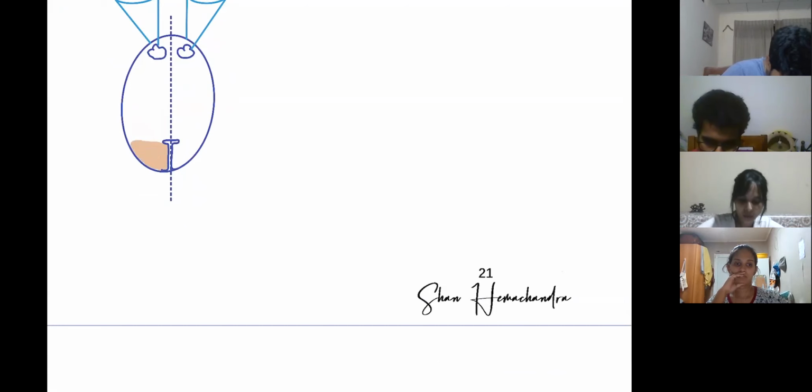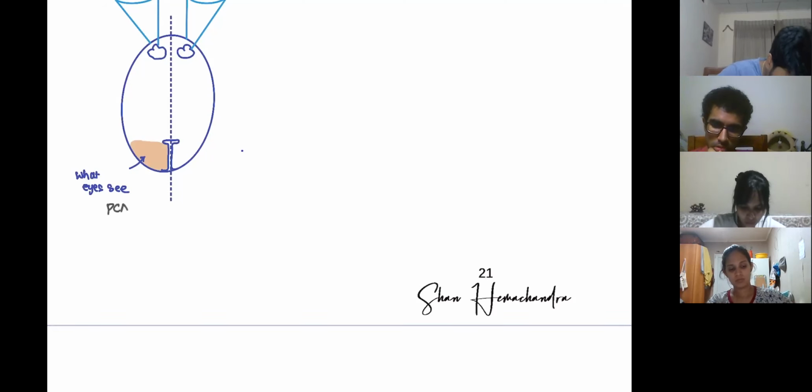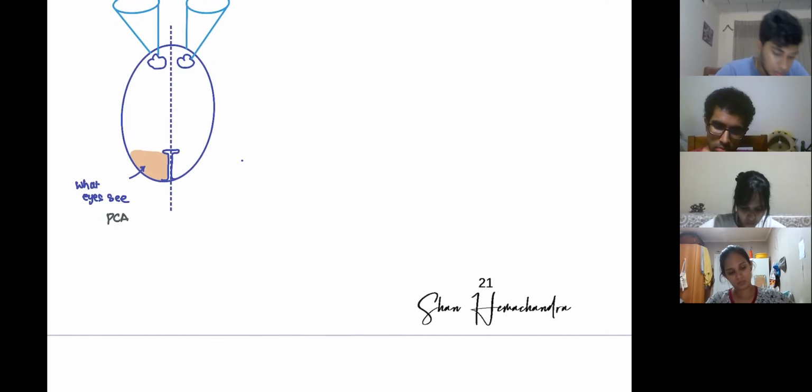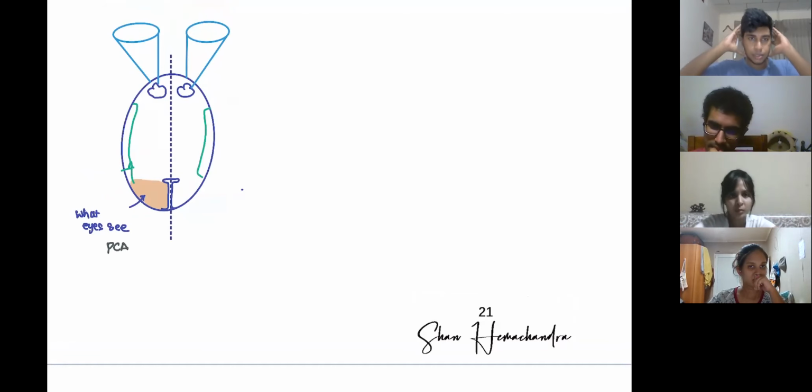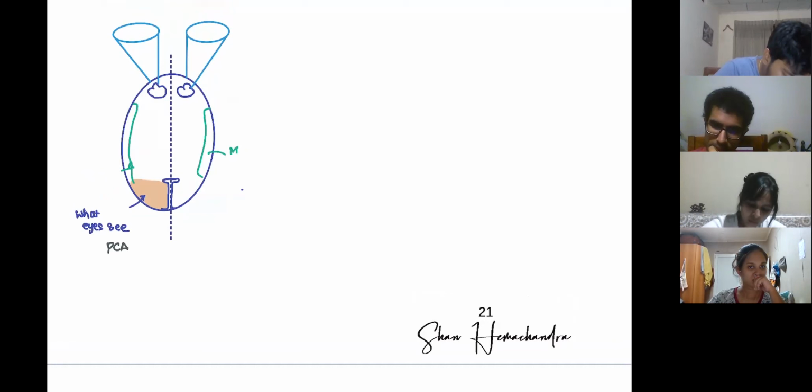Okay. What your eyes see comes to this area. This area is supplied by the posterior cerebral artery. What your eyes tell you it saw is mainly on the more lateral side. This is supplied by the middle cerebral artery.